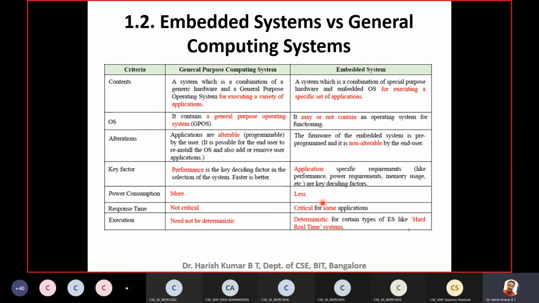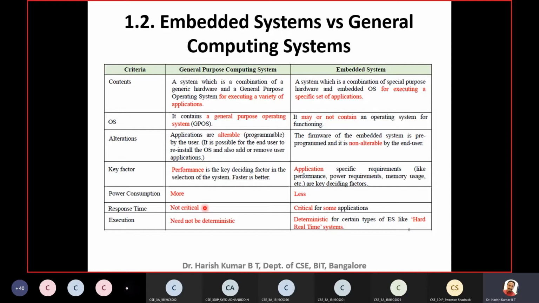Critical embedded systems, which I mentioned in the previous class, include the heart pacemaker, the insulin pump system, and the anti-braking system used inside the car. For all these, the response time must be very good. Even a small delay in response time for these critical embedded systems will cause severe damage. That is the difference with respect to response time.